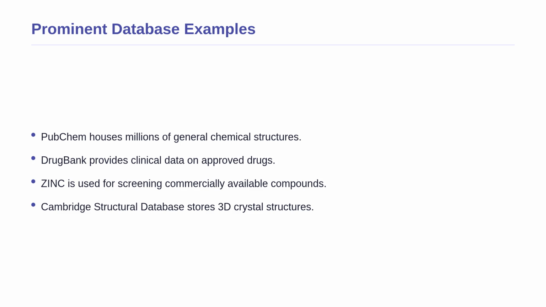Zinc is a specialized database used primarily for virtual screening of commercially available compounds. Finally, the Cambridge Structural Database stores experimentally determined three-dimensional crystal structures. Together, these databases form the foundational infrastructure for modern computer-aided drug design.